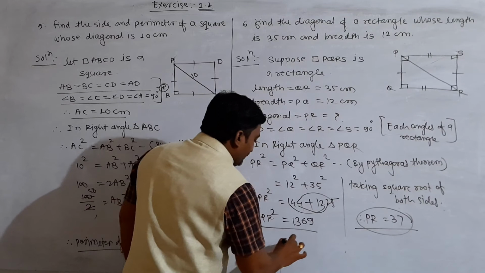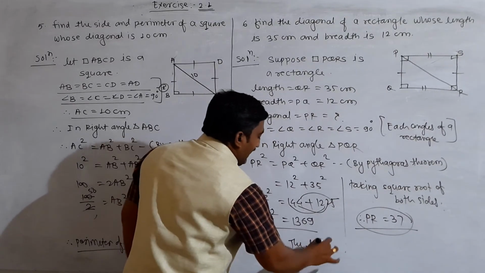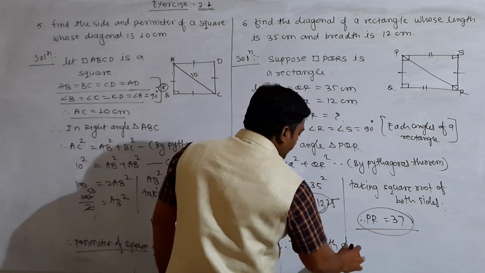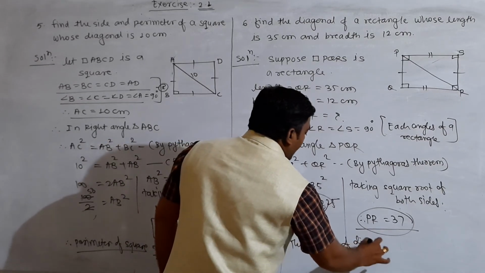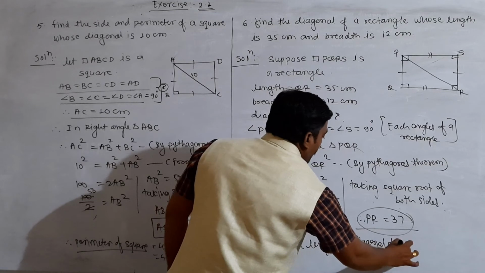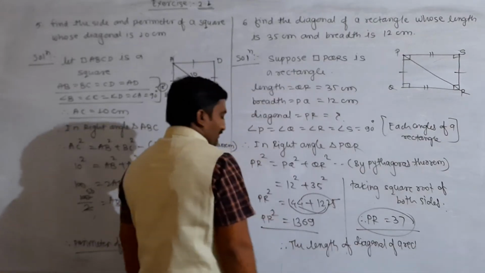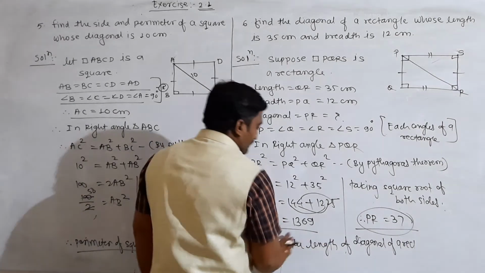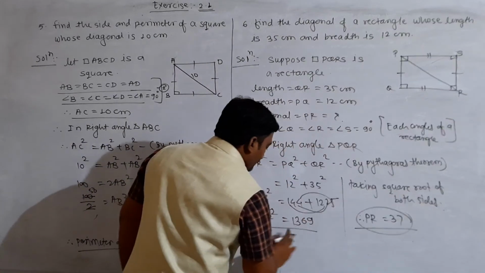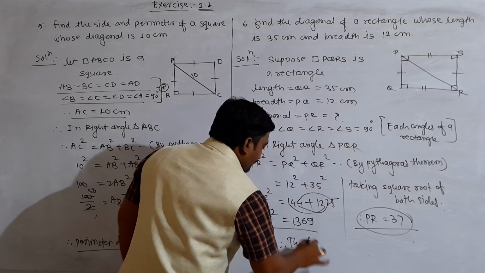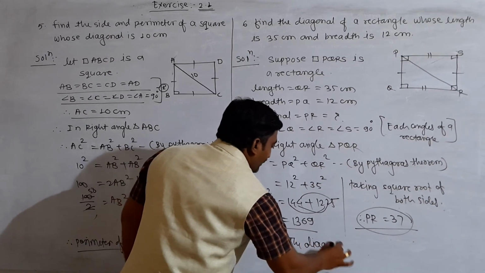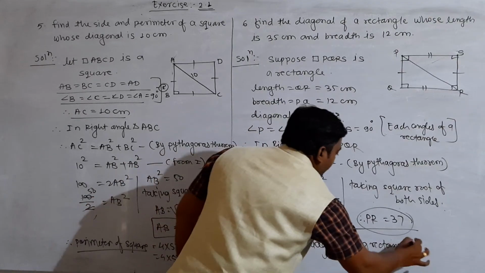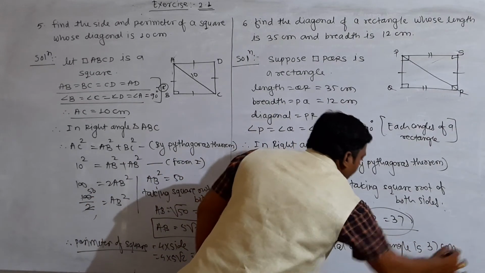Therefore, the diagonal of a rectangle is 37 centimeter.